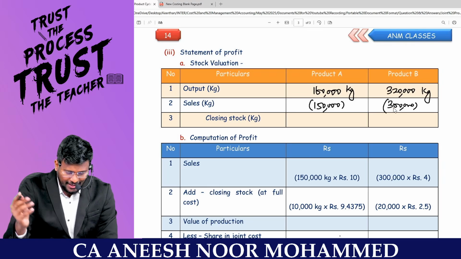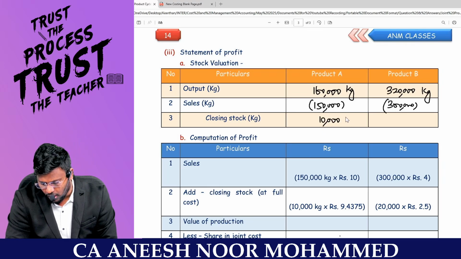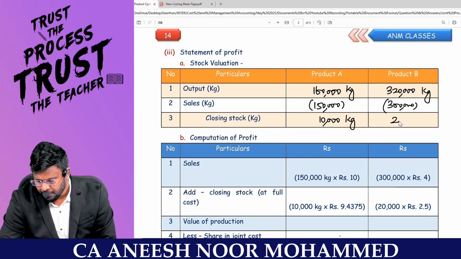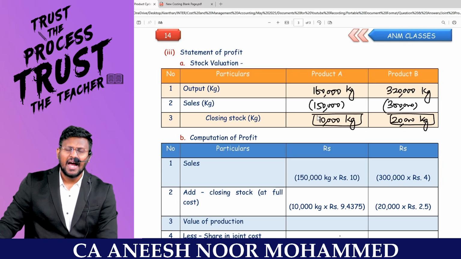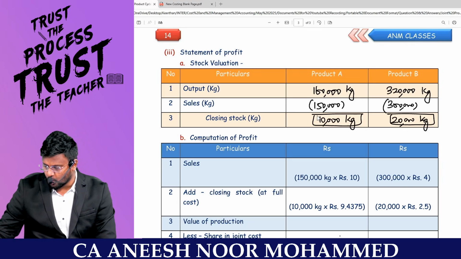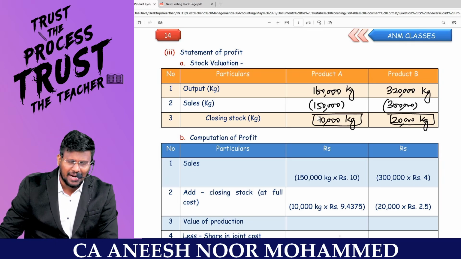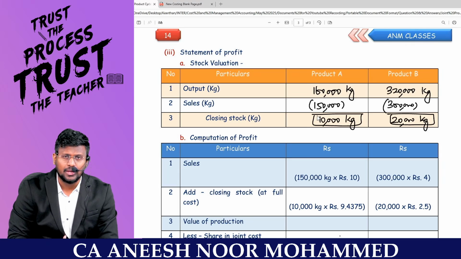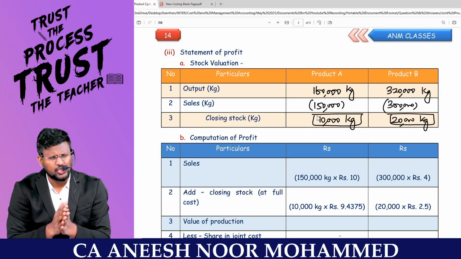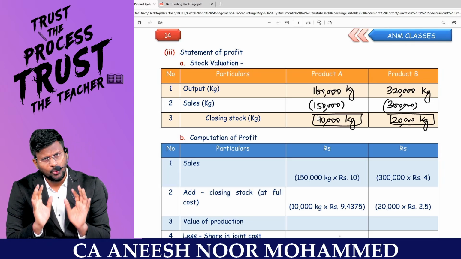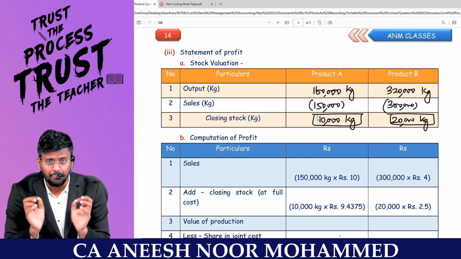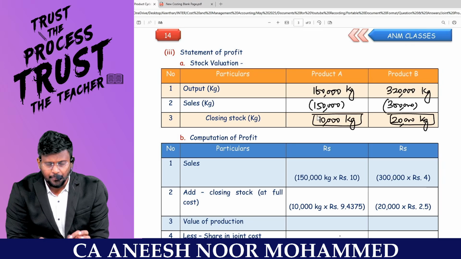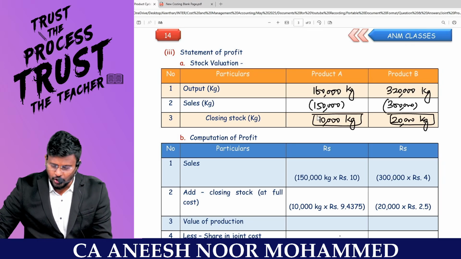So this will end up with a closing stock of 10,000 kg and 20,000 kg. My dear lovable students, this much stock will be there. As we all know, as per AS 2, closing stock should be valued at cost or NRV, whichever is lower. In this question, there is no NRV, so we will be valuing at the cost. We know the total cost per kg, including share of joint cost and also the further processing cost.